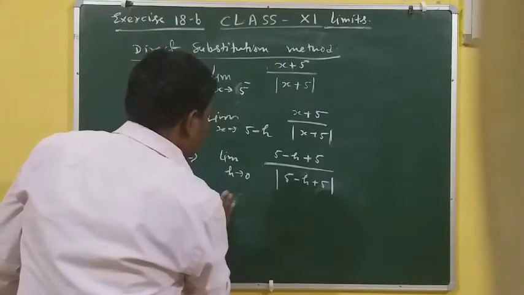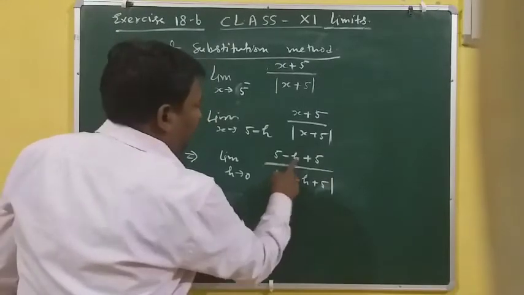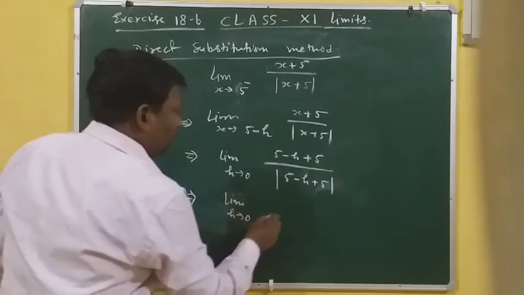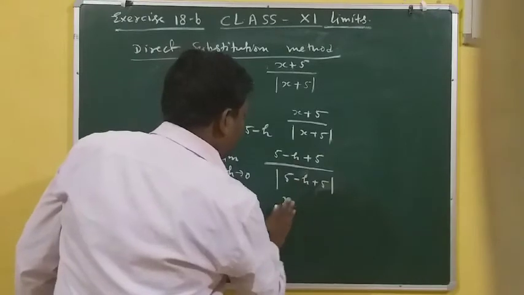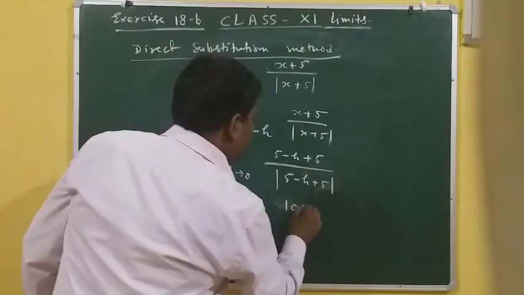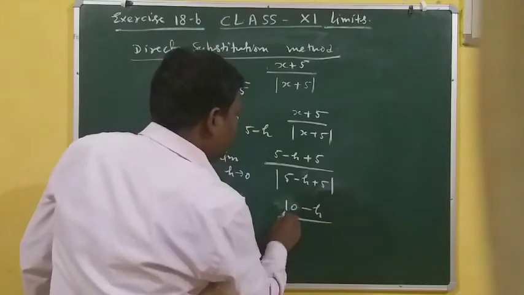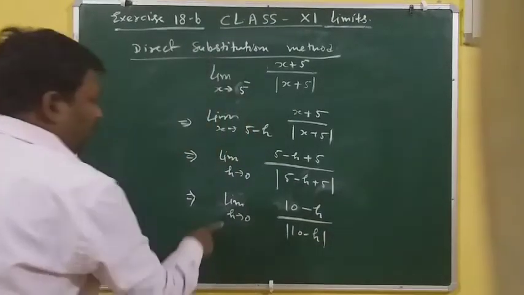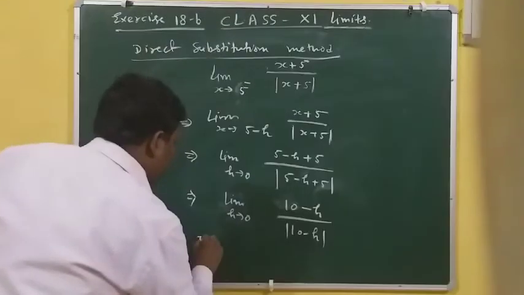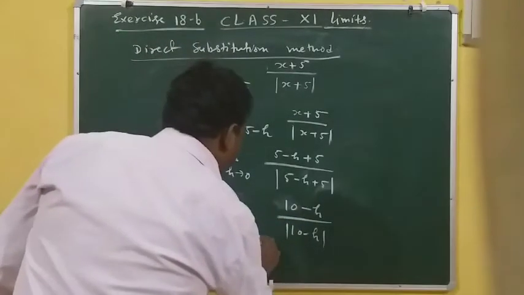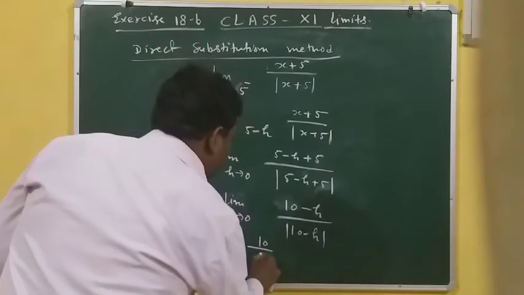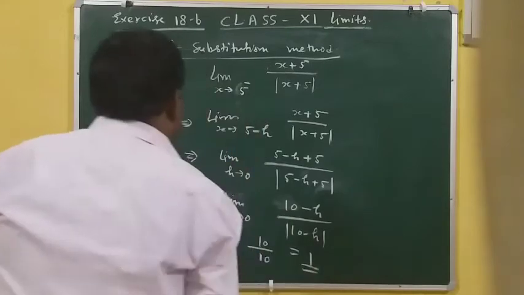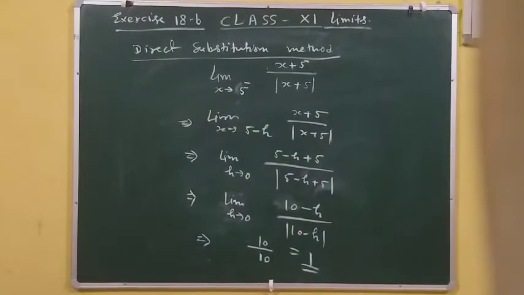Limit as h tends to 0 of (5 plus 5, that is 10, minus h) upon mod (10 minus h). Putting the value of h as 0, you will get 10 minus 0, that is 10, upon 10 minus 0, that is 10. That is equal to 1. So this is your value of the limit.